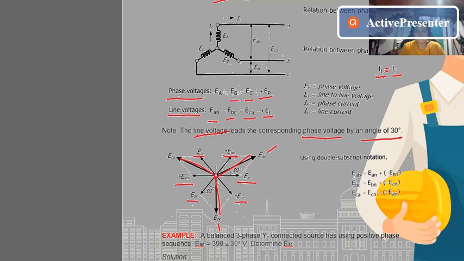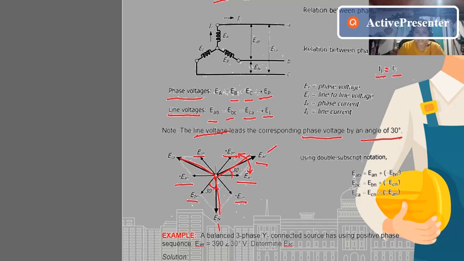So, using double subscript notation, gamit sa makita nato na figure, galid ni siya 30 degrees sa every corresponding phase voltage. So, we have EAB. So for our EAB here, is equal to EAN plus or minus sa atong EBN. So, makita nato dire, kanang angle.